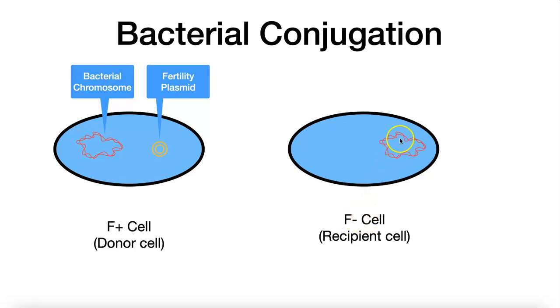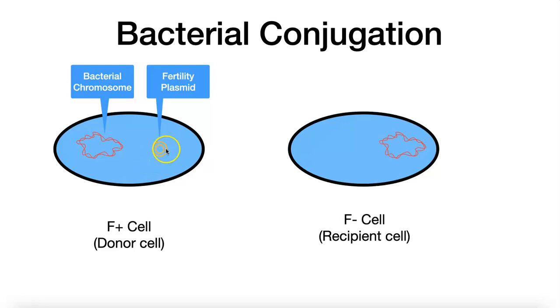Notice over this recipient cell, while it does have the essential chromosomal DNA, it lacks a fertility plasmid at this point. So this is designated F+ because it has the fertility plasmid. This is F-, it lacks the plasmid. And so it's going to be this F+ cell, because it has this extra non-essential information, that enables it to initiate this process of conjugation.